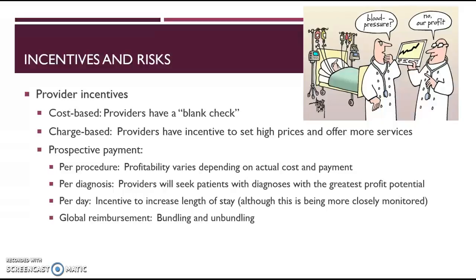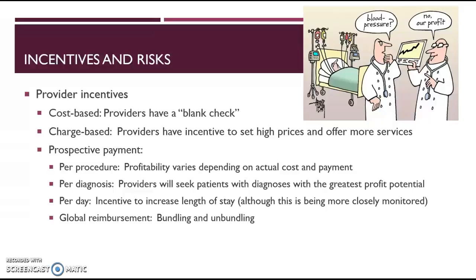Under charge-based reimbursement, the providers have the incentive to set higher prices and offer more services. Reimbursement is based on charges. We talked about fee-for-service reimbursement. The strong incentive exists to provide the highest possible amount of services. If providers can increase utilization, that increases their revenue. So why wouldn't they do it?